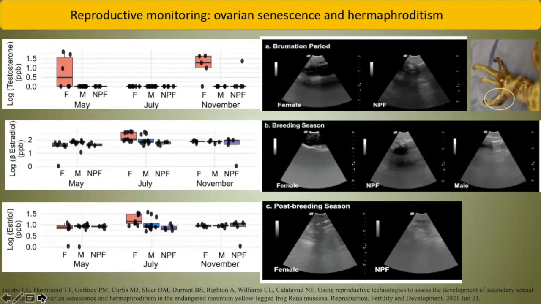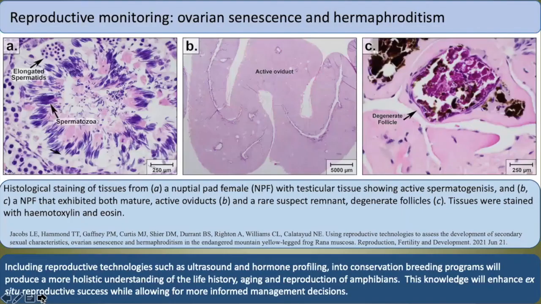And opportunistically, as some of these animals started to die from old age and natural causes, our pathologists, when doing their necropsies, noted that some of them actually showed signs of hermaphroditism.